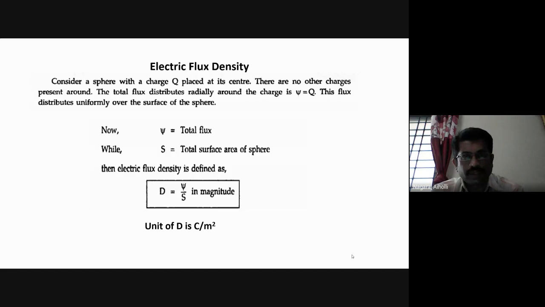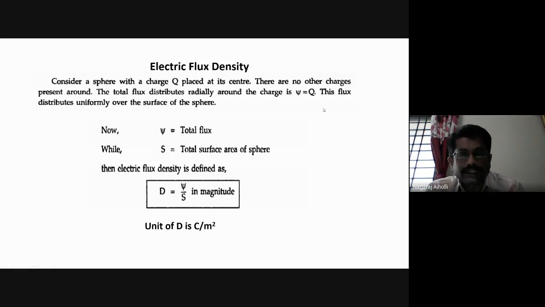The total flux distributes radially outward around the charge, that is psi is equal to q.